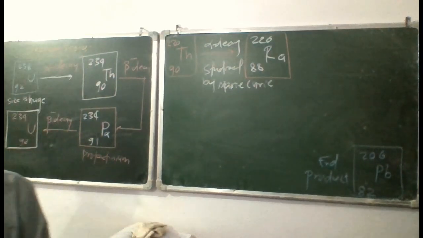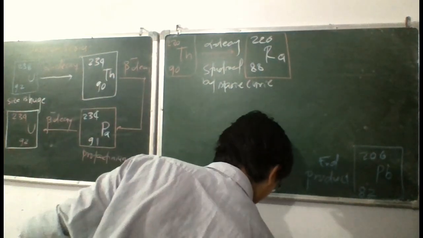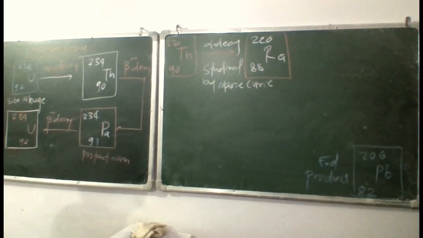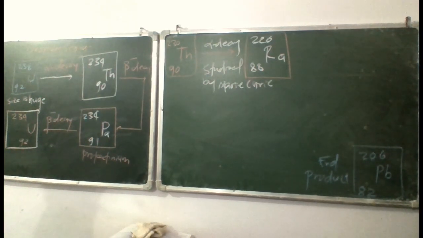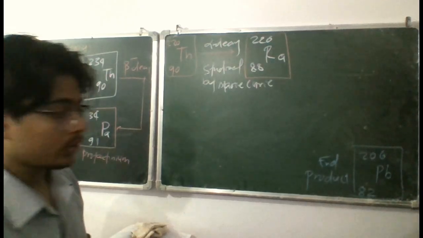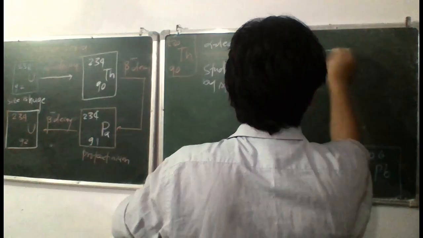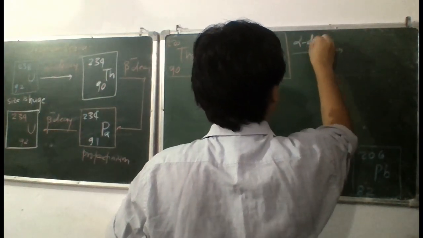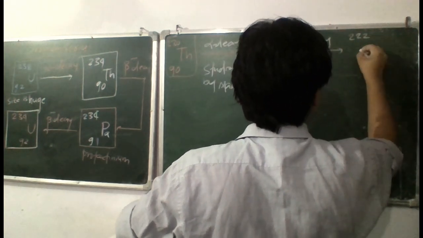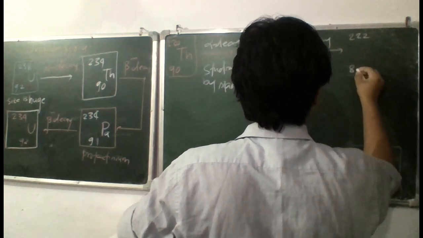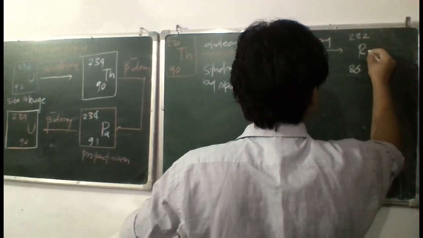Now, after this, what we would like to see is how to proceed with the radium. If you understand the property of radium, it would again likely perform an alpha decay, and this alpha decay would result in 224 and 86, and this is radon.